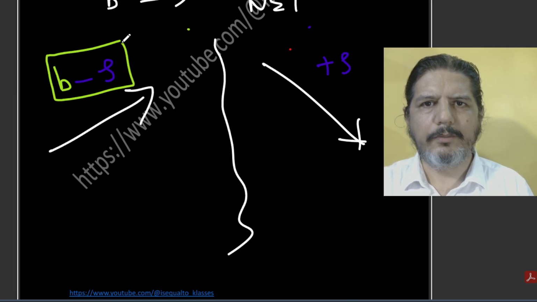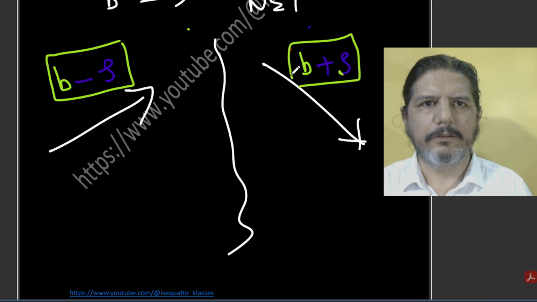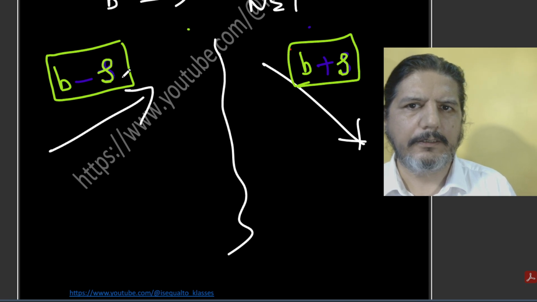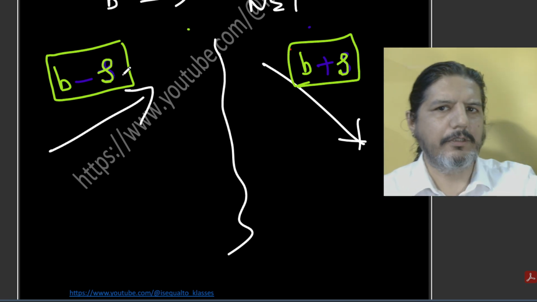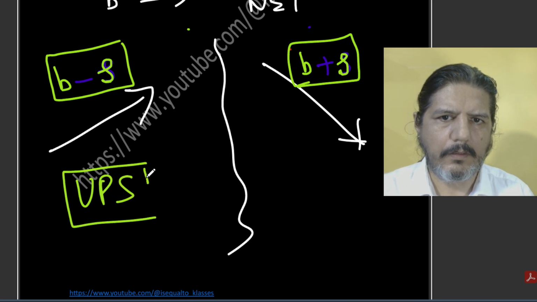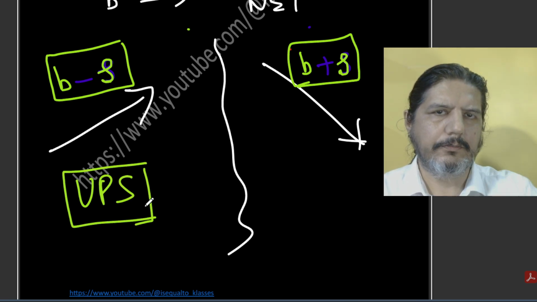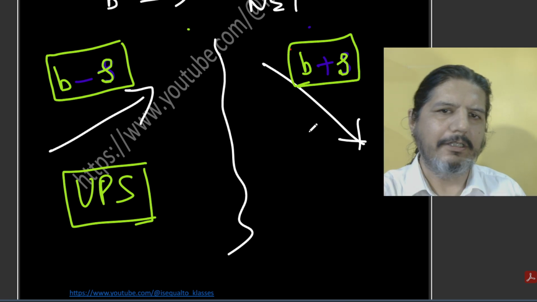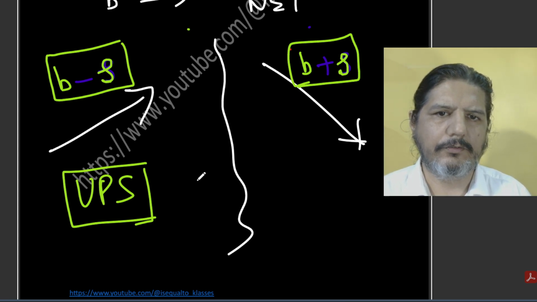So the net would be b minus s, and here it would be b plus s. I hope this is making sense. In short, when you are going upstream, your speed decreases, and when you are going downstream, your speed increases.